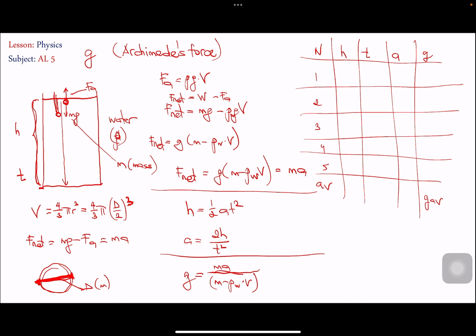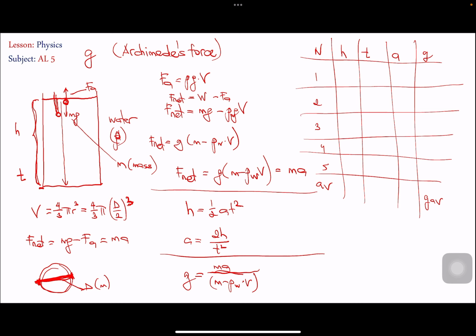So that's the second way that I can suggest to find the gravity. That way is not so precise, but it's interesting to find it in this way.